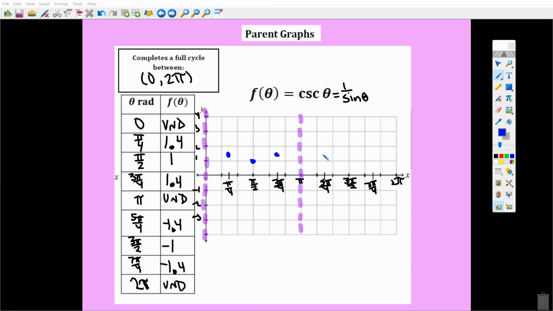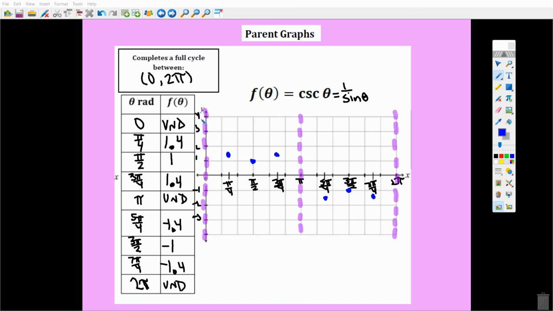At 5 pi over 4, it is negative 1.4, so about right there. One little dot. Okay. At 3 pi over 2, it's negative 1. At 7 pi over 4, it's negative 1.4 again, kind of matching that one. And then at 2 pi, it's back to undefined, so the graph doesn't cross that path there. So let's connect here.